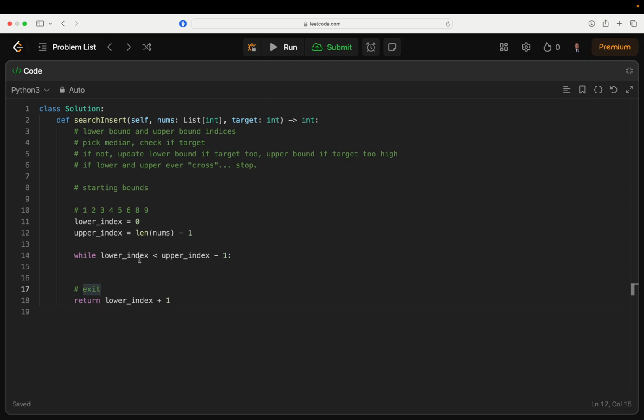But I think we do have to check because there is a possible way that it could just be the upper bound. If nums lower index equals target, return lower index. I'm kind of working backwards here, but hope I'm making sense.